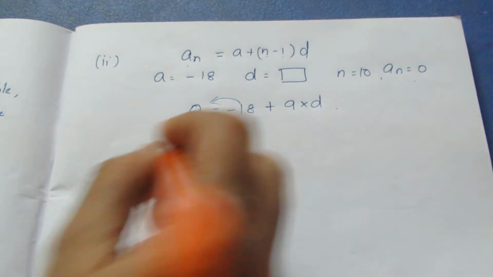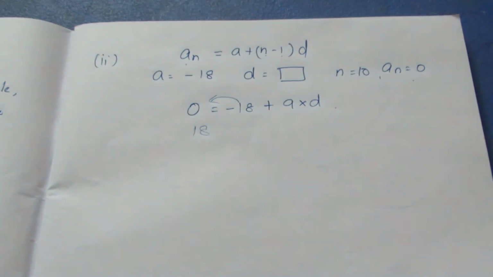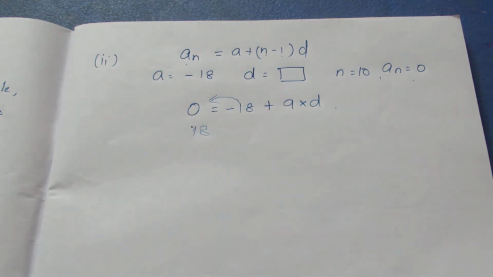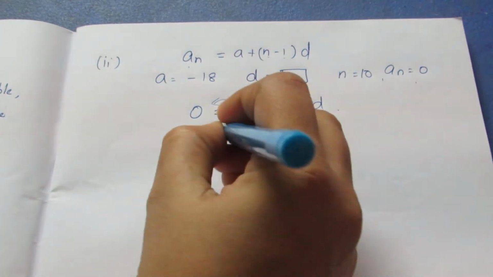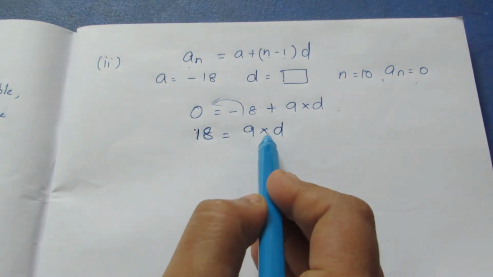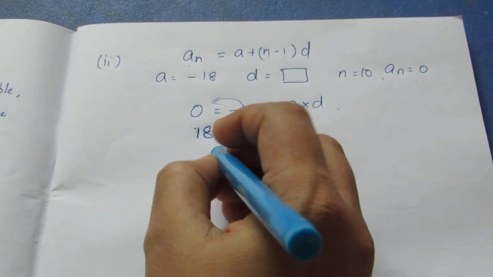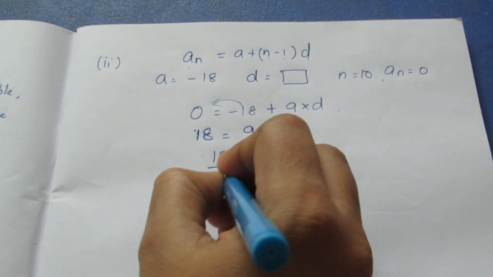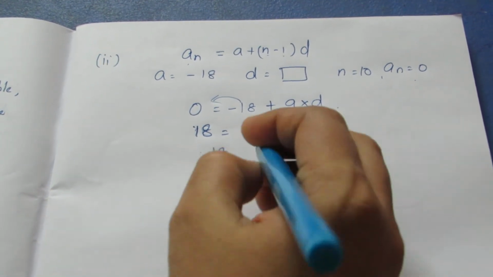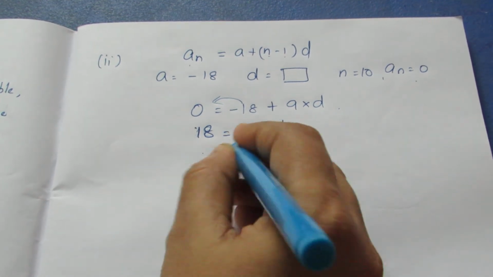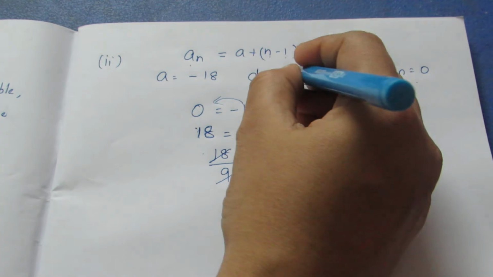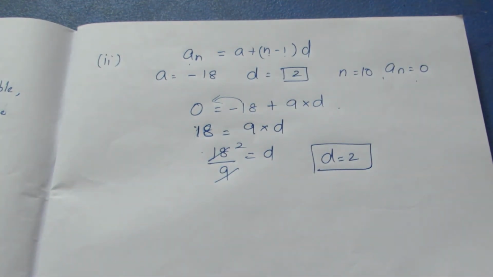So 18 is equal to 9 into D. I want D, so I am bringing 9 to this side. If it is in multiply, it comes as a divide. So D equal to 18 divided by 9, 2s are 18. So D equal to 2. So the D value here is 2.